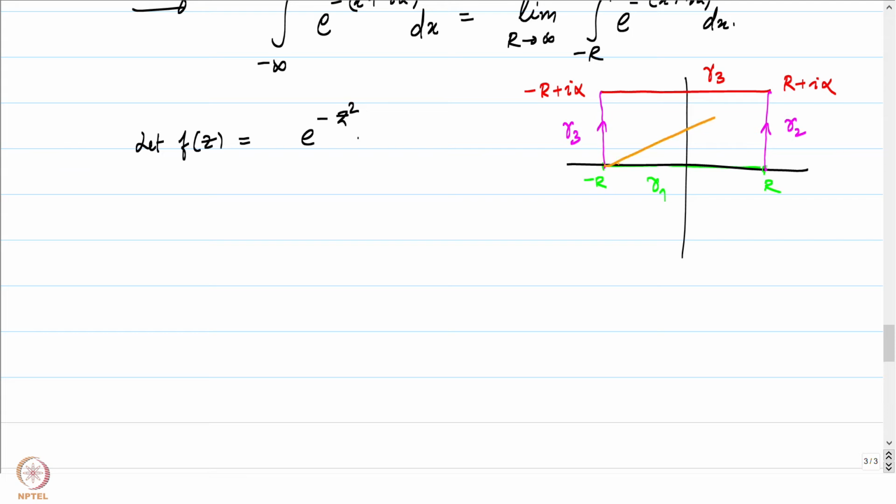Maybe you can connect the diagonal like this, consider this rectangle, this triangle and this triangle, and notice that the integral over the first triangle is the sum of the integral over this straight line followed by this straight line followed by this straight line, and the integral over the second triangle is this straight line followed by this straight line and this straight line.